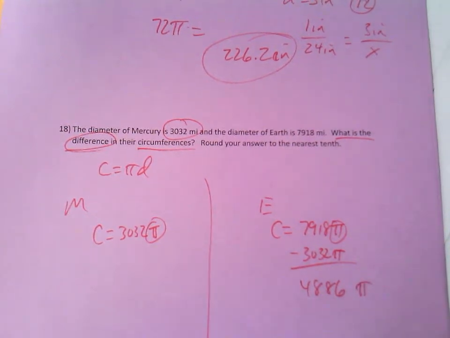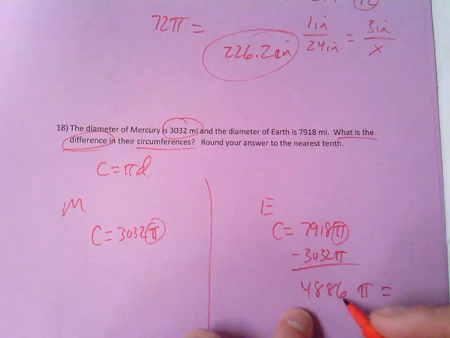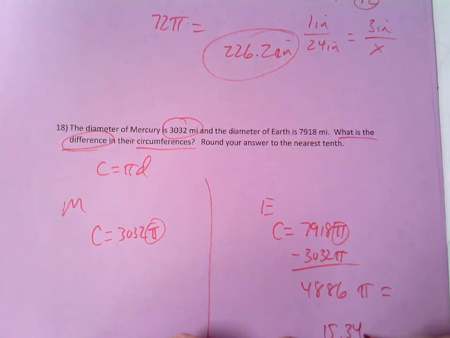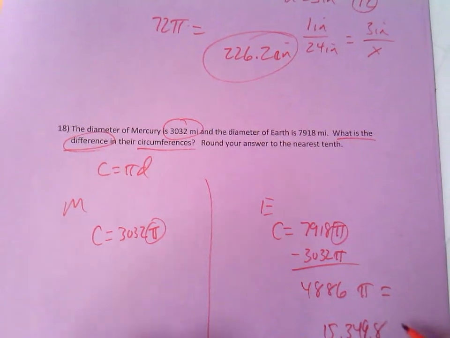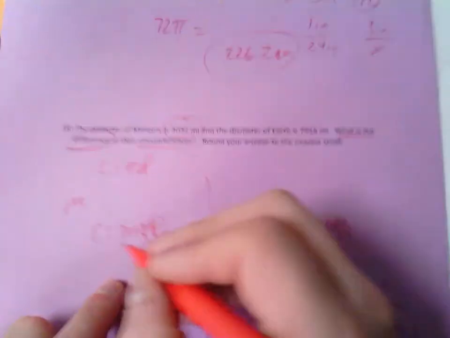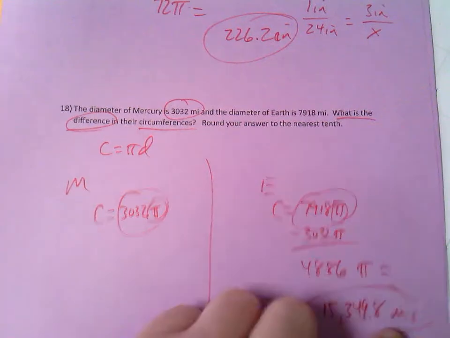Right? Then you can put that in the calculator. So you do 4886 pi. Rounded to the nearest tenth would be 15,349.8 miles. Okay? Now you can put this in the calculator and put this in the calculator, then subtract them. You'll get the same thing. You might be off by like a tenth, but I wouldn't take off for that anyway.